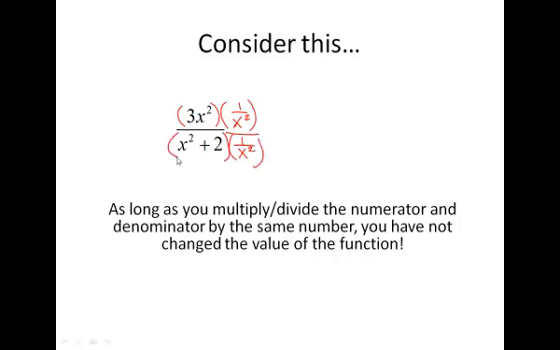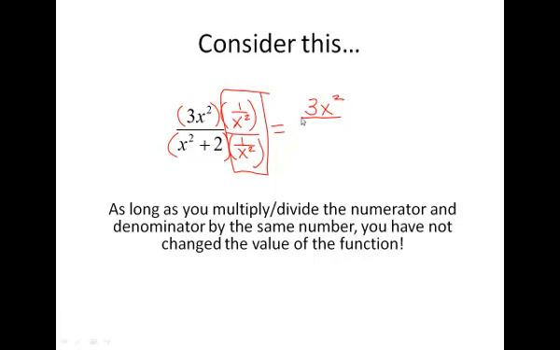What this is equal to is just 1, so I haven't changed the value of this function whatsoever. I've just multiplied the entire function by 1, but it will change the look, so we get an equivalent function.